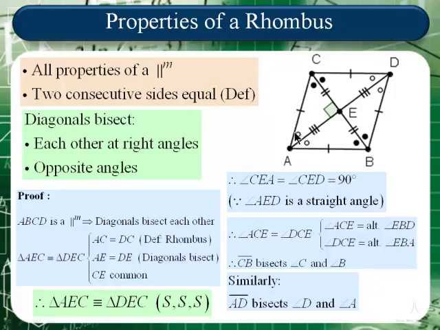So again, all 4 these little angles can be indicated by an unshaded dot, which then proves this particular property.